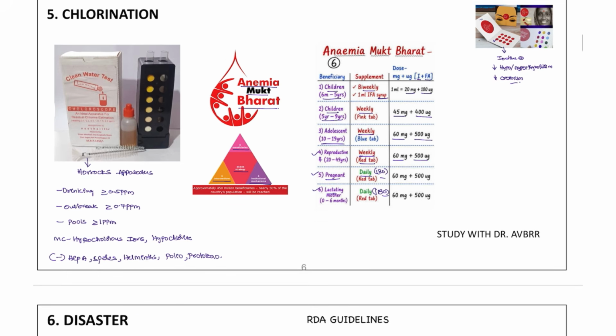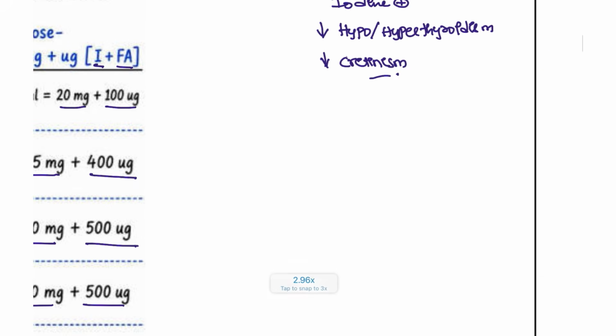Next, fluoride levels. Okay, so the general fluoride levels normally used in toothpaste are 0.7 to 1.2 ppm, because excess can cause skeletal abnormalities.